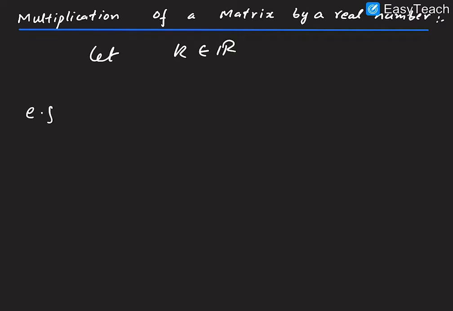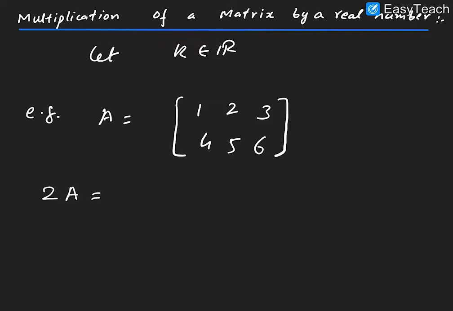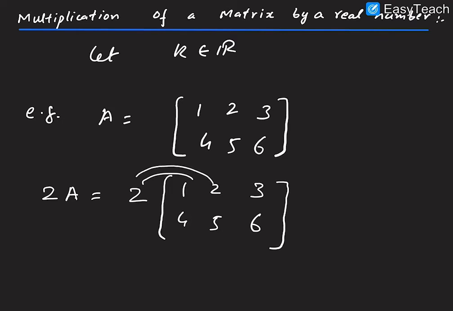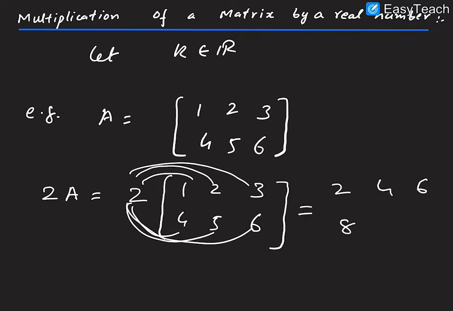Say for example, A is a matrix whose elements are 1, 2, 3, 4, 5, 6, and we need 2A. Here 2 is a scalar or real number. 2 will multiply with each and every element of the matrix A. So 2 times 1, 2 times 2, 2 times 3, 2 times 4, 2 times 5, and 2 times 6. Finally we get 2, 4, 6, 8, 10, and 12.